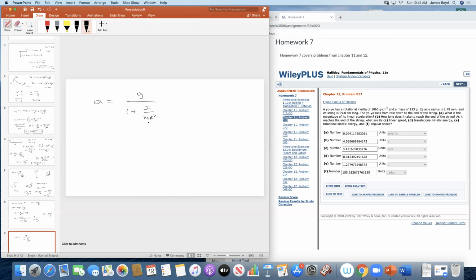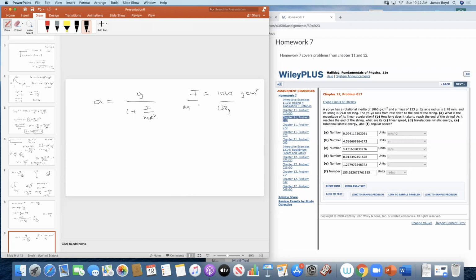We're given the rotational inertia as 1060 grams centimeters squared. We're given the mass in terms of grams, and we're given r in terms of centimeters.